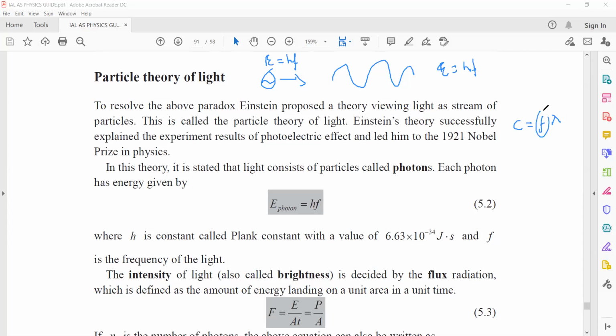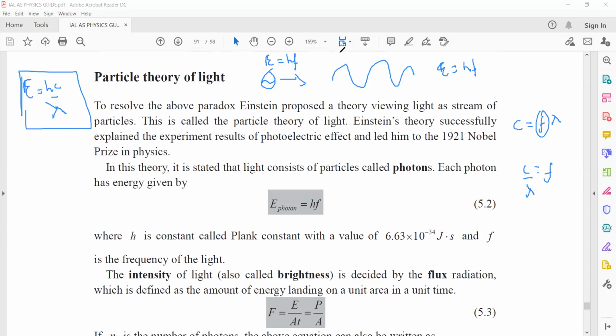So frequency is speed divided by lambda. c is the speed of light, which is 3 times 10 to the power 8. So I can say E equals hc divided by lambda. So the energy of a photon is Planck's constant multiplied by speed divided by wavelength, or lambda.